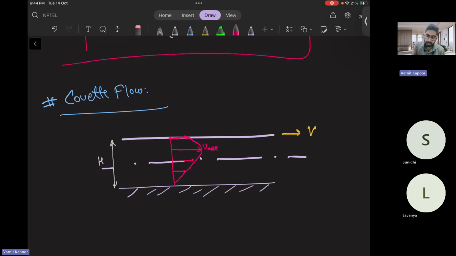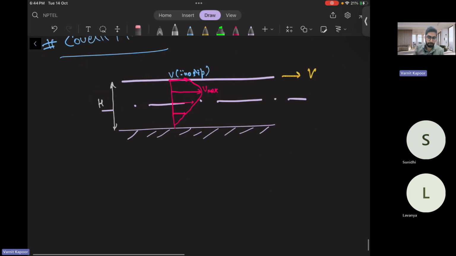So there is some V, a bit lesser than the U maximum, because there is a no slip scenario also. Although the above plate is moving, there is no slip as well. So this plate is moving because of the fluid itself.